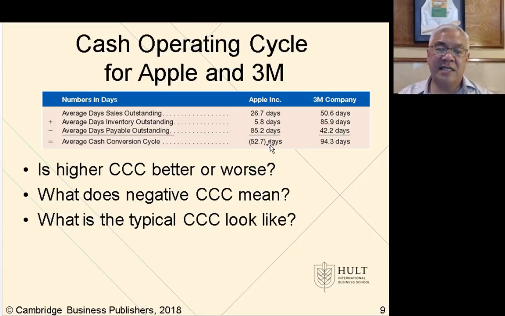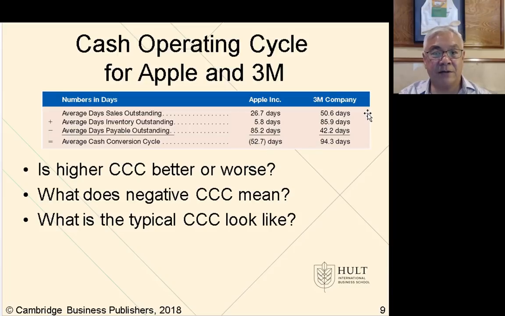So the CCC calculation is you take the days sales outstanding plus the days inventory outstanding. That's just adding the time before you get your money. And then you subtract from it how long your vendors give you to pay the bill. And that's why this is negative.